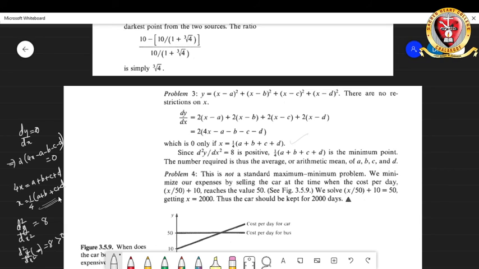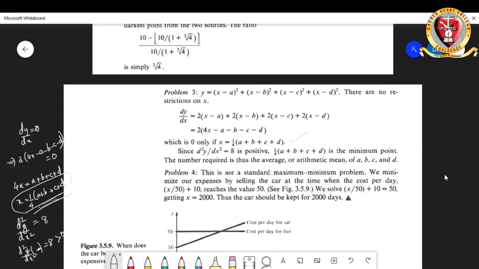So we had to minimize the value of y. Here you obtain that x equal to 1 by 4 into a plus b plus c plus d is the minimum point at which y has the minimum value. So the number required is thus the average, that is a plus b plus c plus d divided by 4. That is the average value of the points.